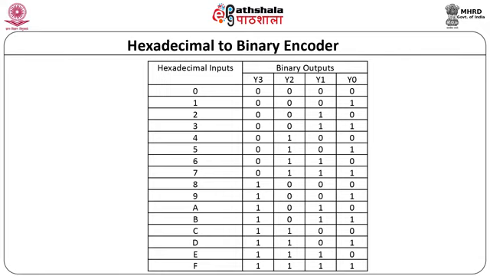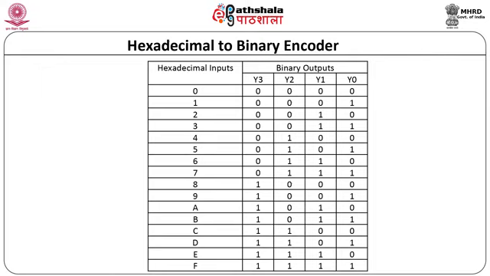Hexadecimal to binary encoder. Hexadecimal to binary encoder accepts 16 inputs, that is 0, 1, 2, 3 up to 9, then A, B, C, D, E and F, and produces 4-bit binary code corresponding to the activated hexadecimal input.